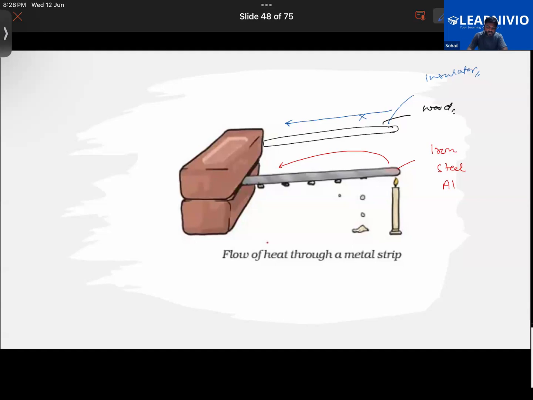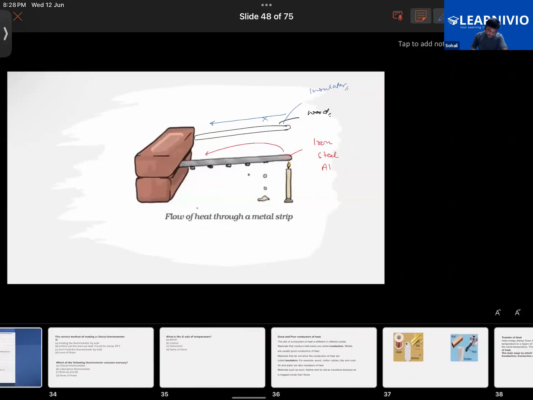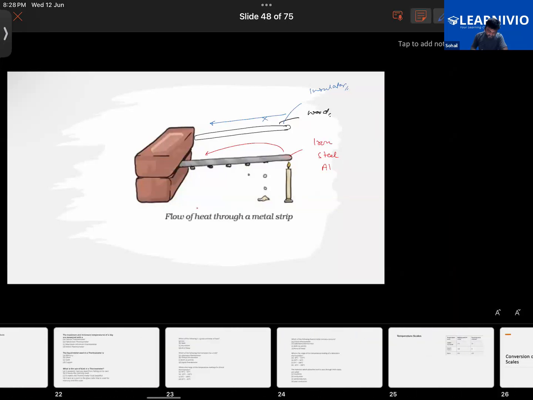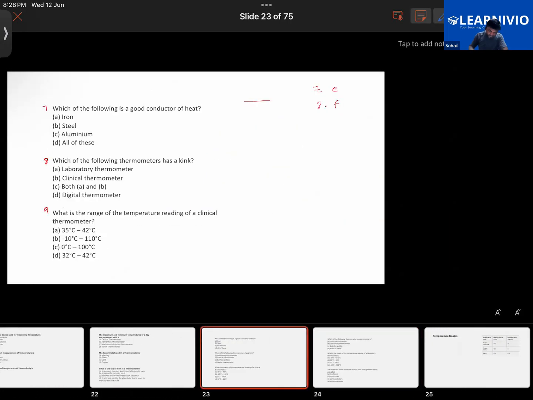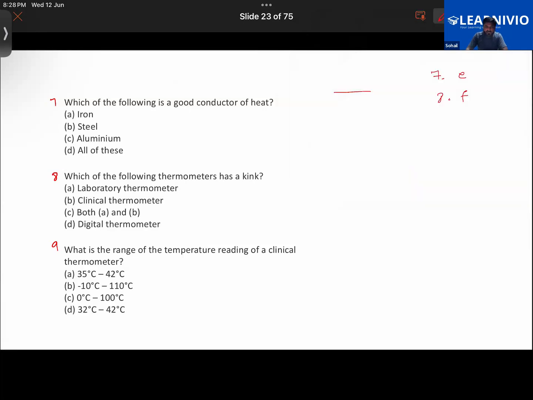Okay, now let us continue with the questions. What would be the answer for the first question? All of these are conductors, okay. Which of the following thermometers has a kink? Yeah, both of them. Very good. Both of you have answered it correctly. Question number 9. Fatima, you have answered question number 9?